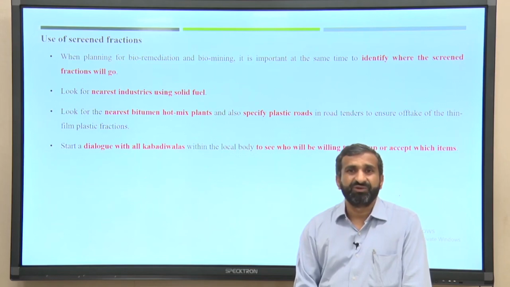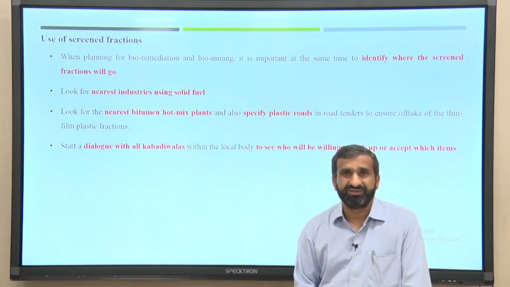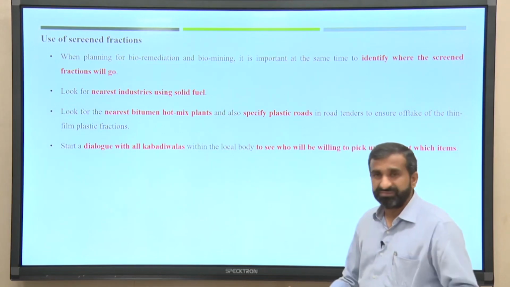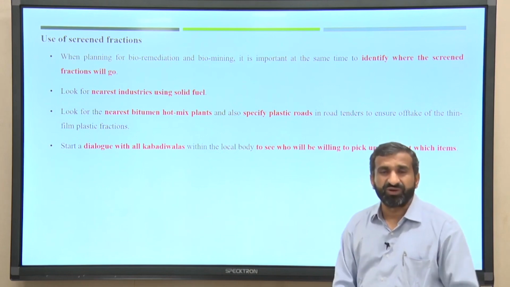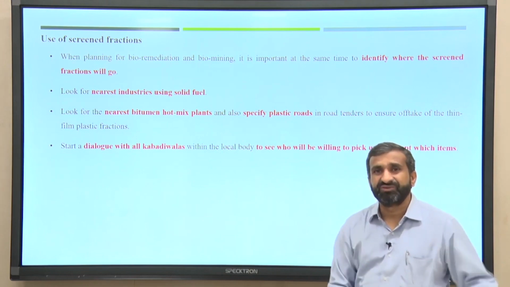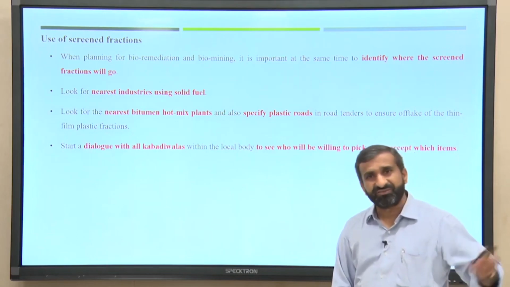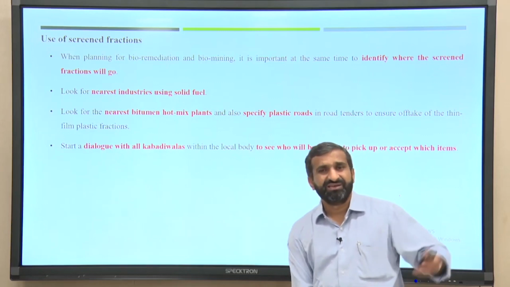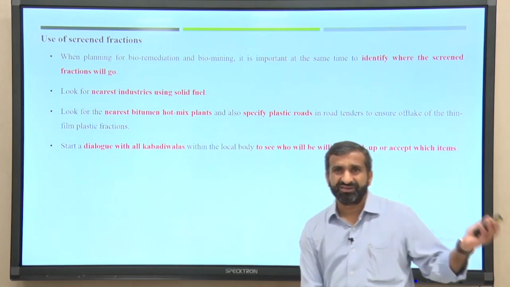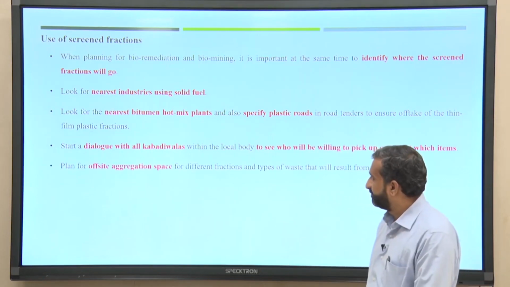If they are able to take it, that is also good. That is beneficial for us as the local authority, and also beneficial to the kabadi walas. They can take that particular fraction for recycling, or they can sell it to other industries.